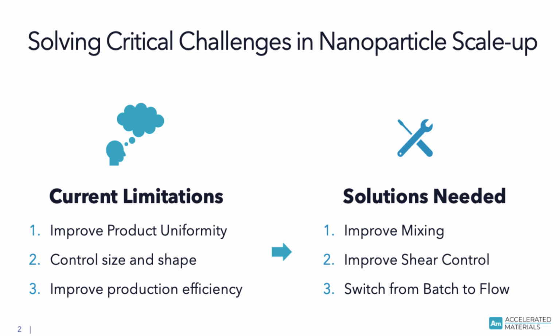And so AM has been working over the past 10 years, right, to develop these solutions. And number one, basically, how to improve product uniformity is to improve mixing, mass transfer within your process. How to improve control over size and shape is to improve shear control, which I'll address in just a bit. And also, how to improve production efficiency essentially is by switching from batch to flow in your production process.